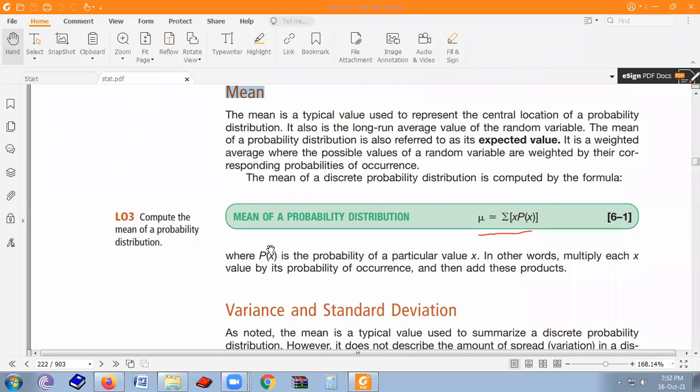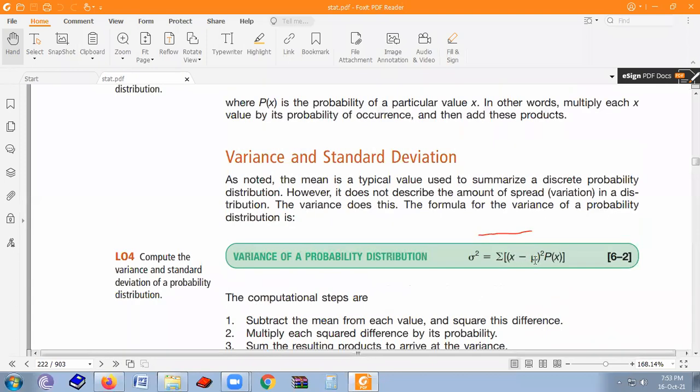The formula of variance is sigma square equals summation x minus mu whole square into probability of x. Normally we modify this formula for easier calculation. So sigma square, the variance, equals summation x square into probability of x, minus mu square.